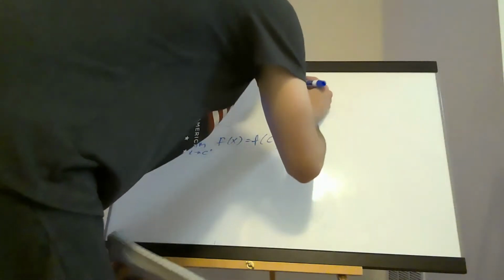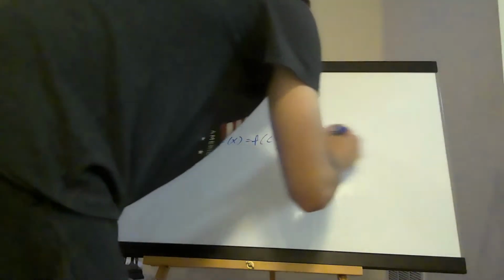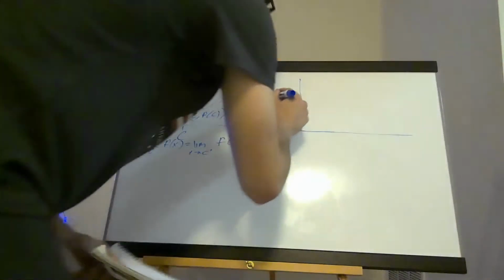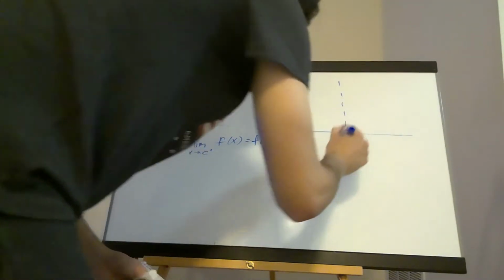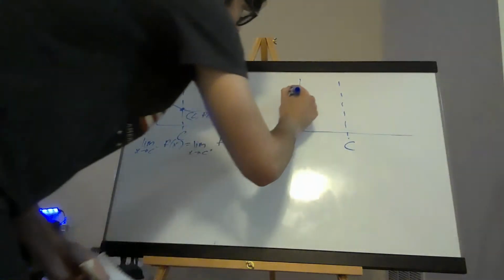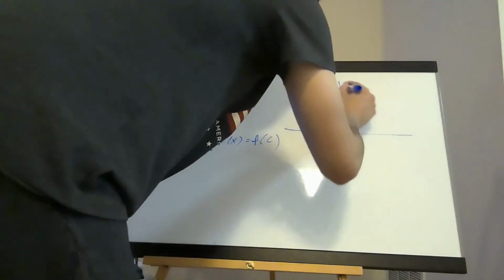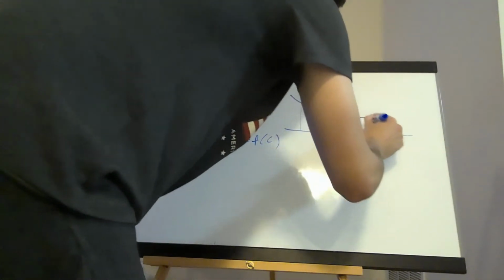So now let's look at one that's not continuous. For instance, if we have some point c here, then we've got this guy, and then this guy.